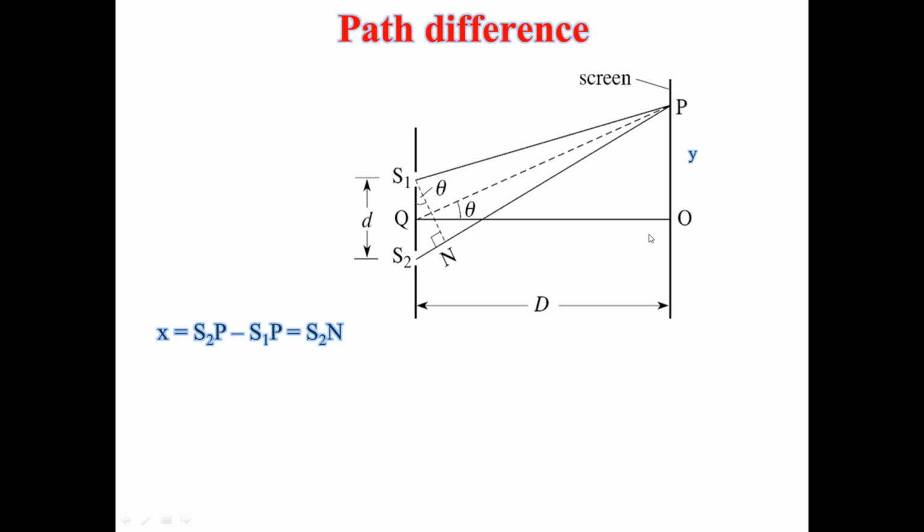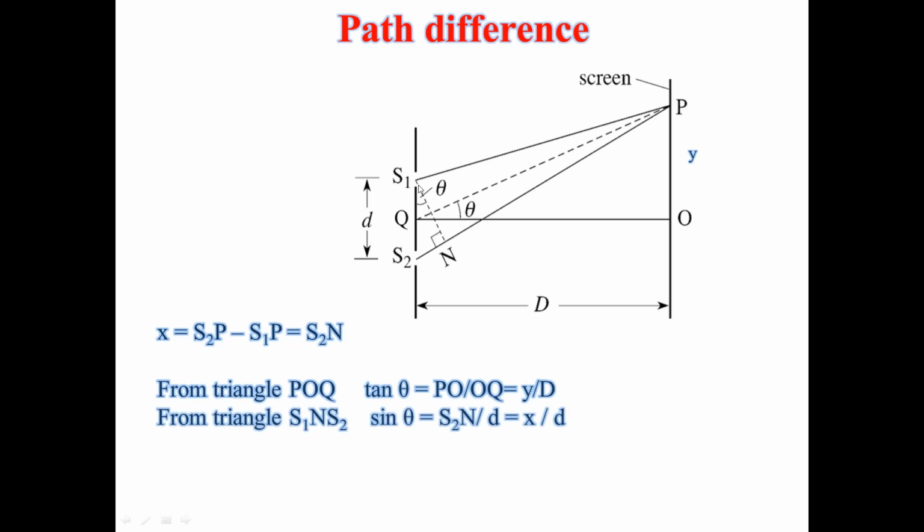So let us consider the right angled triangle POQ. Tan theta is equal to opposite side y by adjacent side D, y by D. Let us consider the right angled triangle S1 S2 N. This angle also is theta. Sin theta is equal to opposite side S2N by hypotenuse S1S2, that is small d.